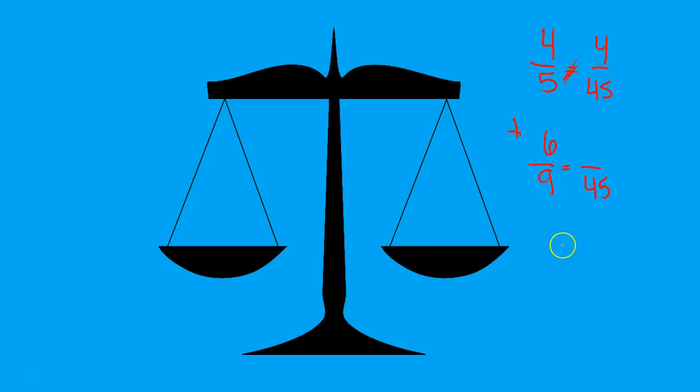That's not the same. What you could do is, on this bottom one, I could do 9 times 5 to get 45, but I'd have to do the same thing to the top number to keep it balanced. If I multiply the top by 5, I have to multiply the bottom by 5. If I multiply this bottom here by 9, then I have to do the same thing here to get me 36. You can't just change the denominator because you don't like it.